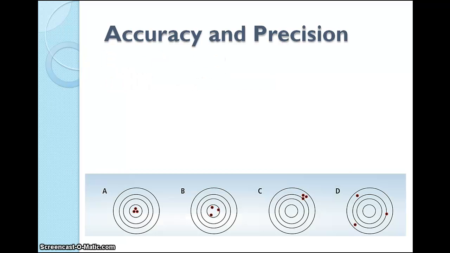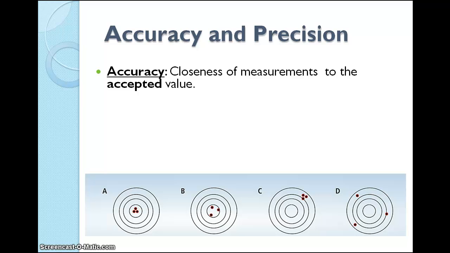Let's first talk about accuracy versus precision. Accuracy is the closeness of a measurement to the accepted value. So big thing here, you need to have an accepted value to measure it against.